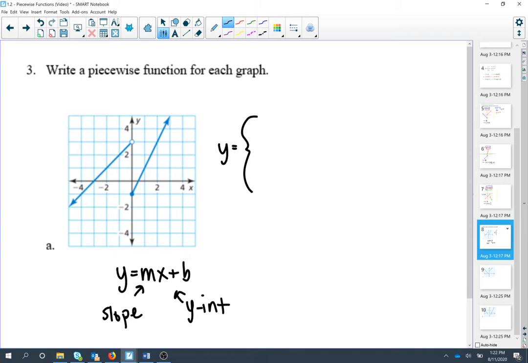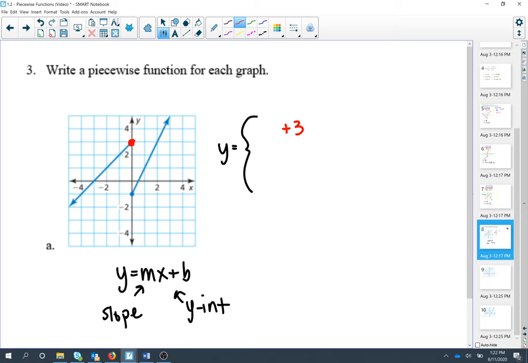So if I'm starting with my y-intercept, which is usually where I like to start, my y-intercept is going to be up here at 3. I know that the dot is in fact open, but we'll deal with that later. But for right now, it's hitting at 3, so we're going to have a plus 3. Then we have to figure out the slope.